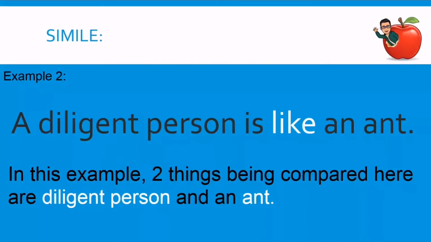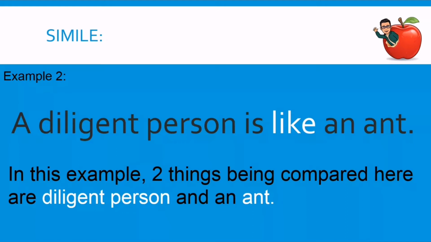Another example. A diligent person is like an ant. Unsa man ang duha ka things na two different things nga gi-compare aning statement? Okay, very good. So in this example, two things being compared here are diligent person and an ant. Diba lahi man na ang person, lahi pud ang ant.